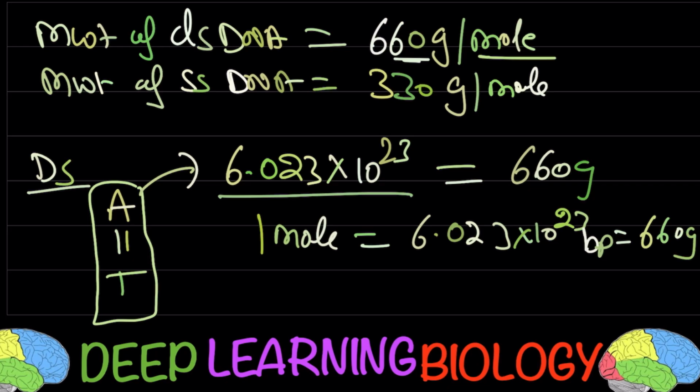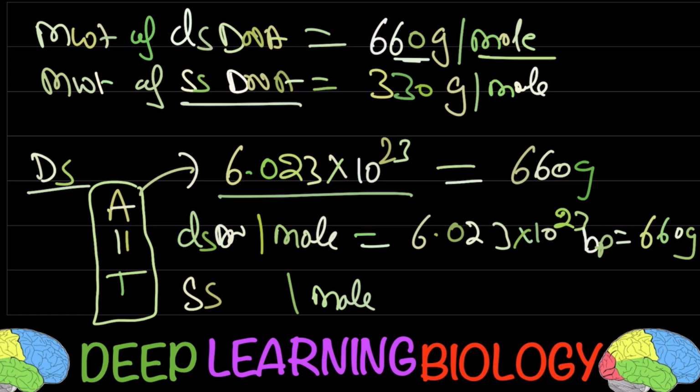That is for double stranded DNA. For single stranded DNA, keep in mind, 1 mole is going to weigh 330 gram.